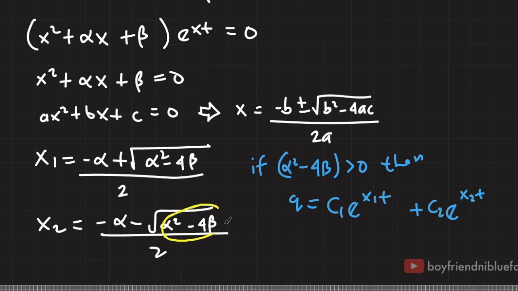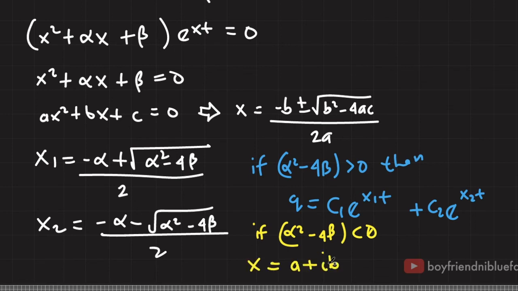Otherwise, if this term is negative, then it will generate a complex number. So essentially, these two roots will be in the form of a complex number.